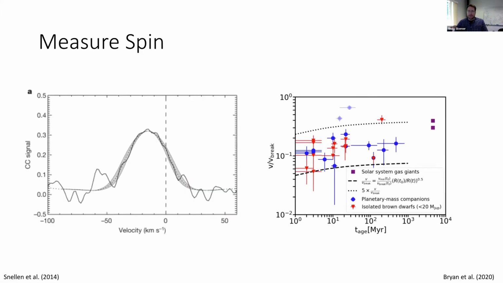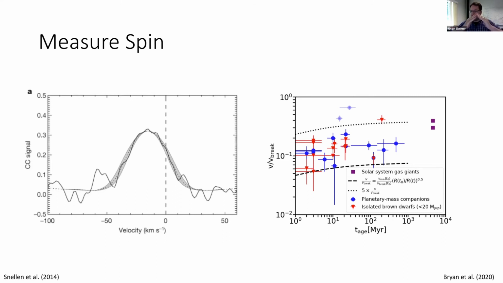Okay. The next thing I'll say is about what you can do with higher resolution spectroscopy. Most of what I've talked about so far has been low and medium resolution spectroscopy. But if you can get up to high resolution spectroscopy, one of the things you can see is the Doppler broadening of lines. As the object spins around, it Doppler broadens the line; at an R of, say, 50,000, is a good number.